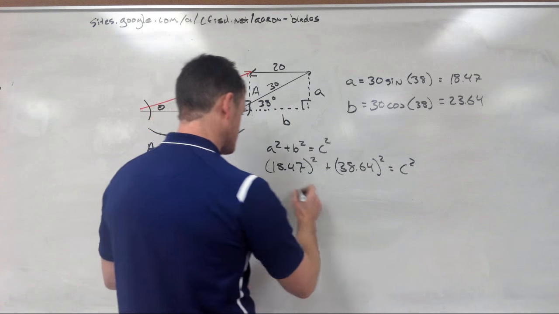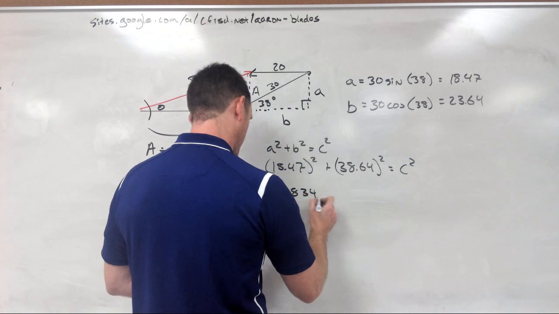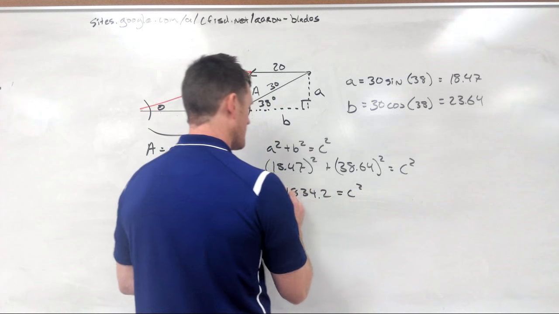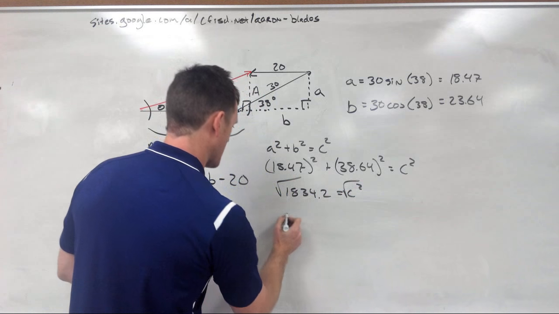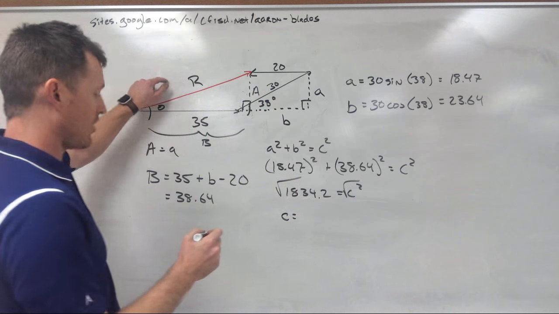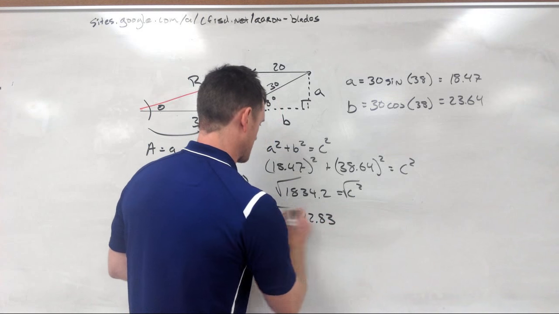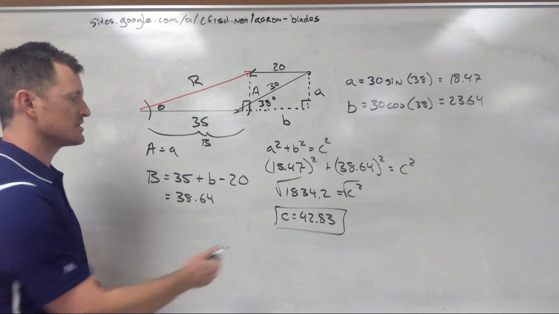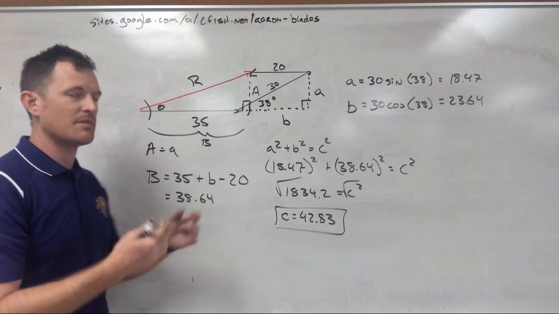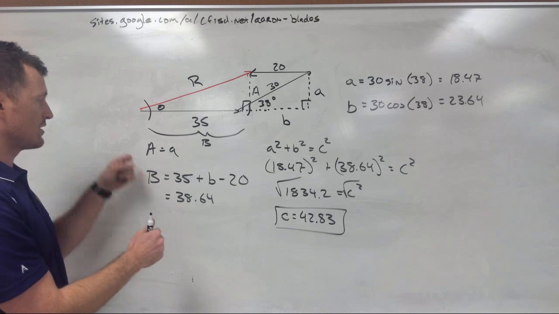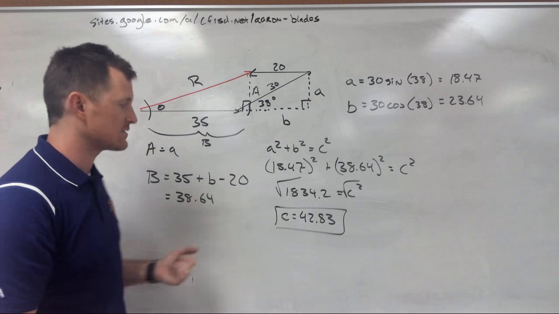That gives us 1834.2 equals c squared. Take the square root of both sides and we have c, the length of r right here, is equal to 42.83. And this makes sense because in order for the hypotenuse to be a possible answer, we need this value to be more than both a and b, and that's what we have.